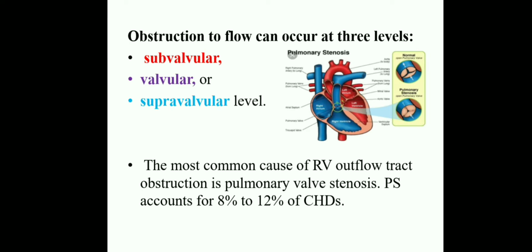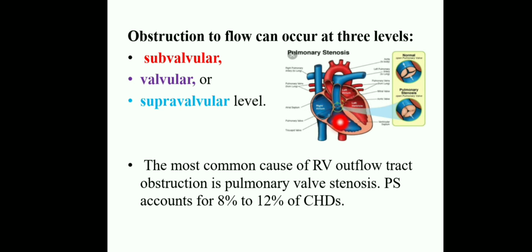Here the obstruction of the flow can occur at three levels. This condition comes under the obstruction to blood flow conditions. The three levels are subvalvular stenosis, valvular stenosis and supravalvular stenosis. What is subvalvular stenosis? Look at this image. Here is the pulmonary valve.